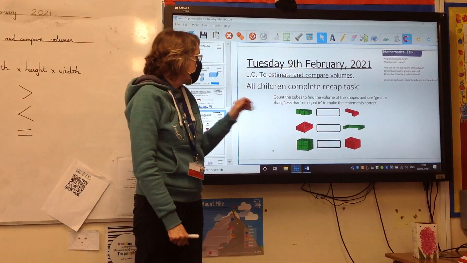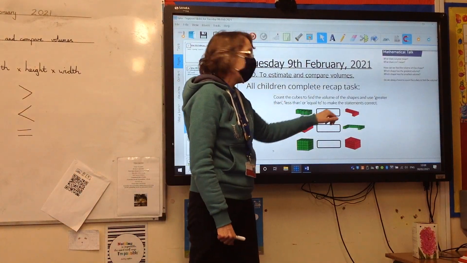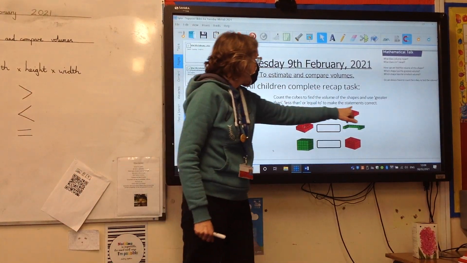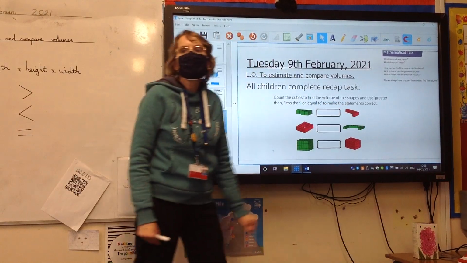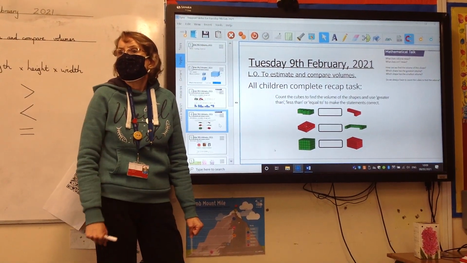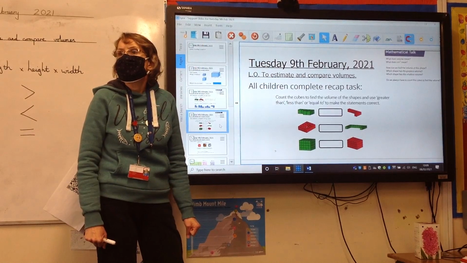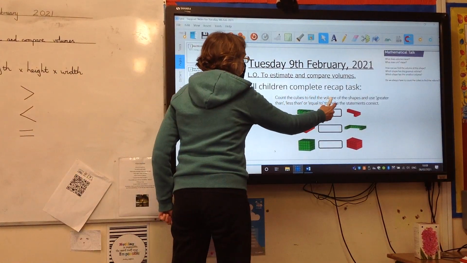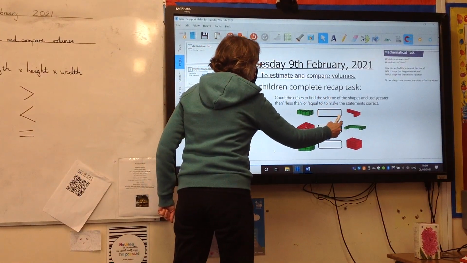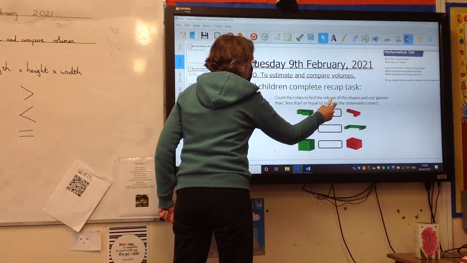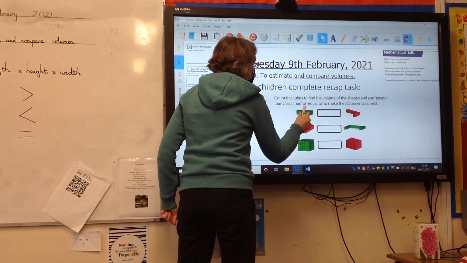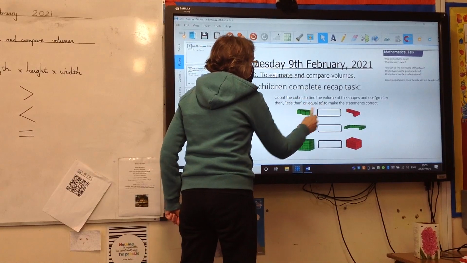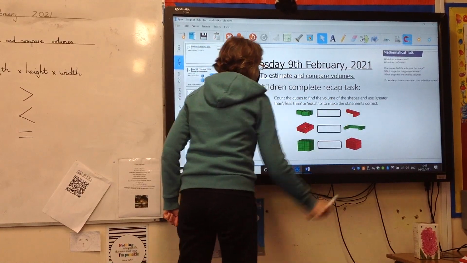Good. So which sign would we put in there? If that's 6, that's 8, which sign would we put in the middle? The less than one. Yeah, less than. Remember, the smallest part of the arrow goes to the smallest number, so less than. So the green shape is less than the red or pink shape.